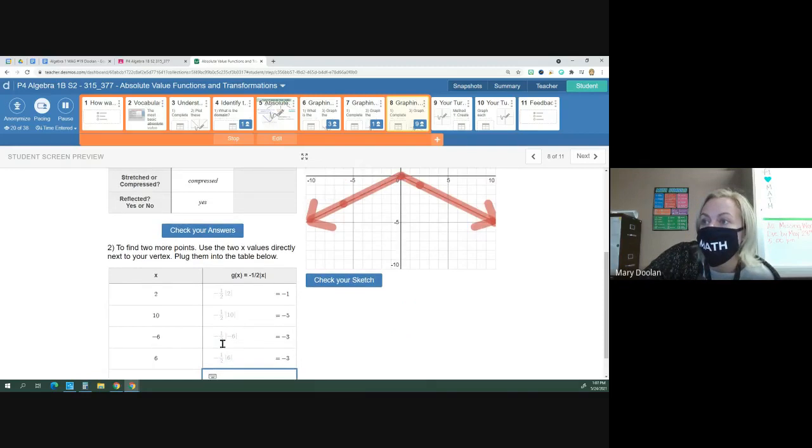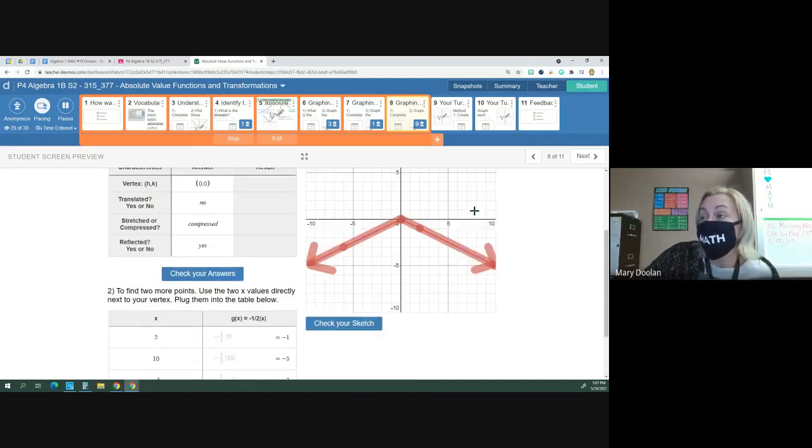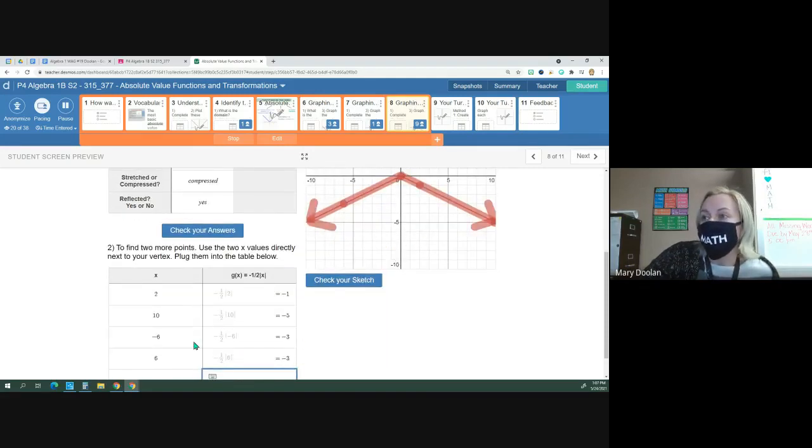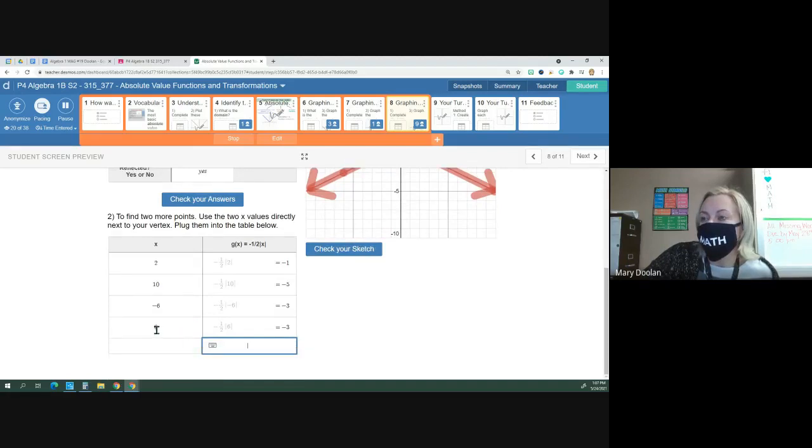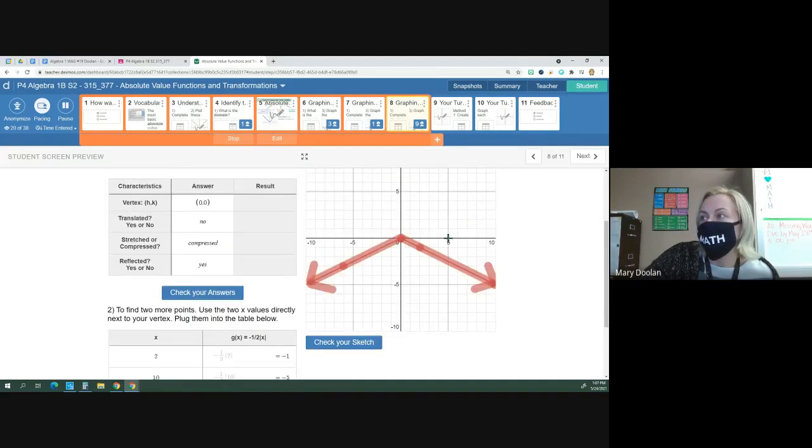These two pairs of ordered pairs are across from each other. They're the same distance from the vertex. So I also have 6 and negative 3 in here. This point and this point are the same distance from the vertex and the same distance from the y-axis.